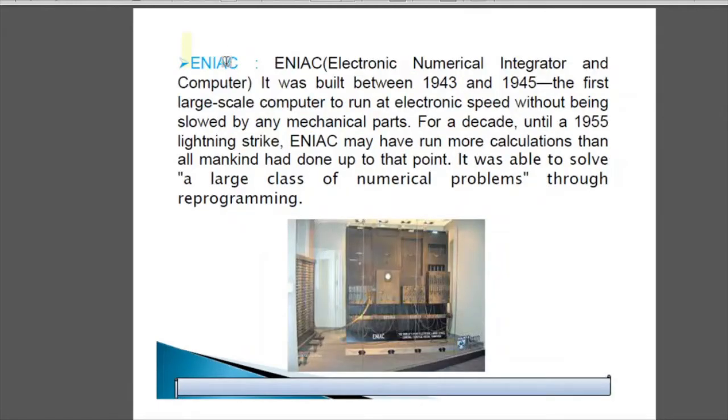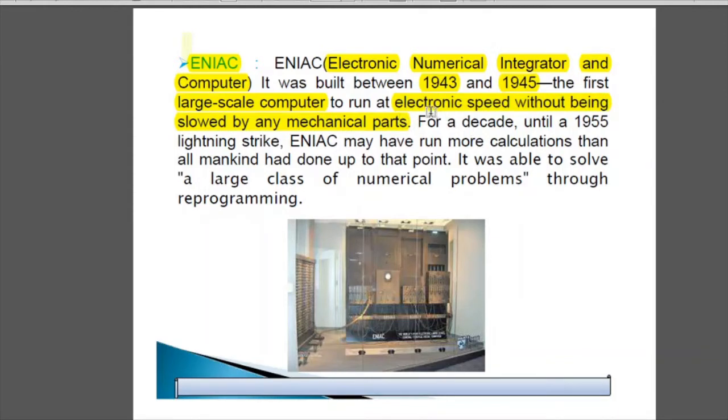Next computer is ENIAC. ENIAC stands for Electronic Numerical Integrator and Computer. It was built between 1943 and 1945. It was the first large-scale computer to run at electronic speed without being slowed by the mechanical part.